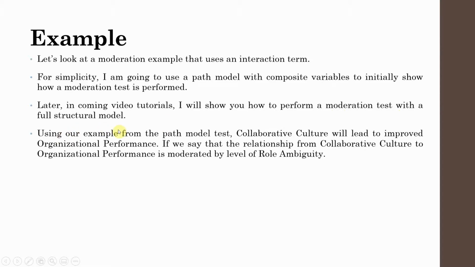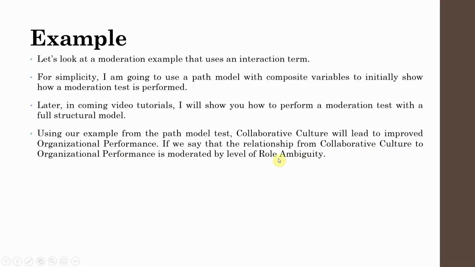Now using our example from the path model test, collaborative culture will lead to improved organizational performance. If we say that the relationship from collaborative culture to organizational performance is moderated by the level of role ambiguity. Now, role ambiguity moderates the positive relationship between collaborative culture and organizational performance, such that a higher level of role ambiguity will reduce the impact of collaborative culture on organizational performance.